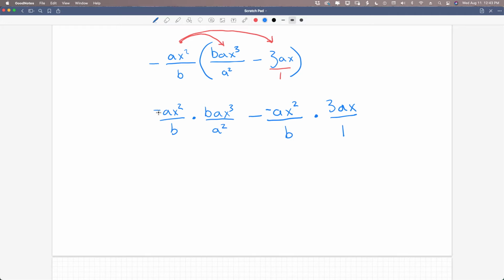All right, so we have negative ax squared. So your variables can never actually be negative. What that is, it's a negative 1 in front of your variables there. Okay, so you always treat it as separate, the negative is not attached, it's always separate. And you just put a constant of 1 in front of that to denote that.